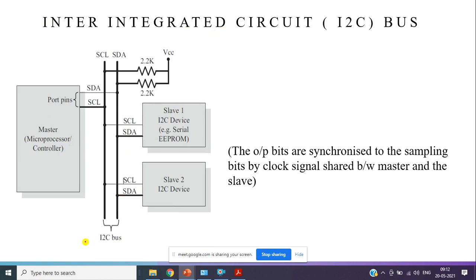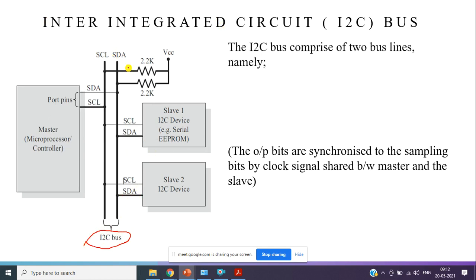Now, the inter-integrated circuit, I square C bus, consists of mainly two bus lines. One is called SCL and the other is called SDA. SCL is nothing but a serial clock which generates the clock. Who generates this clock cycle? The clock cycle is always generated by your master device, which is connected with the slave device.